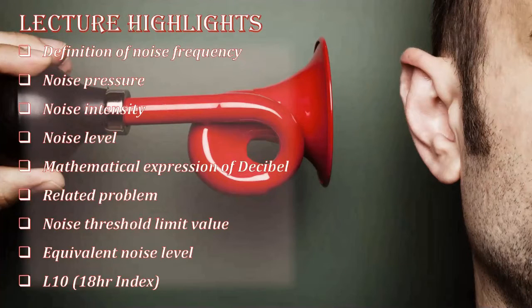It starts from the definitions of noise frequency and noise pressure, followed by noise intensity and noise level. So these 4 definitions will be there. Then we'll have the mathematical expression of decibel, which will be used to solve some related problems. Then we'll see what is noise threshold limit value, what is equivalent noise level, and what is L10 index, that is the 18 hours index.